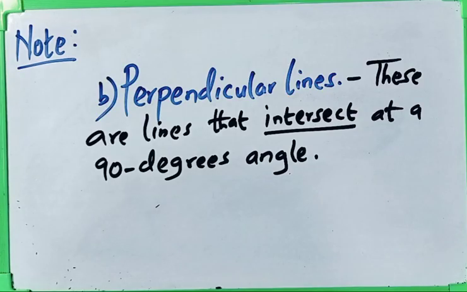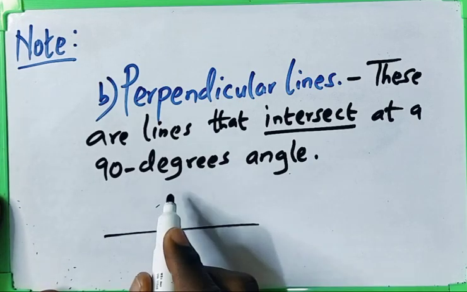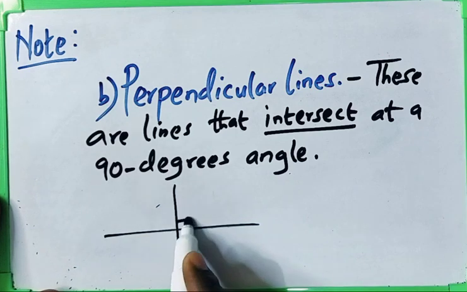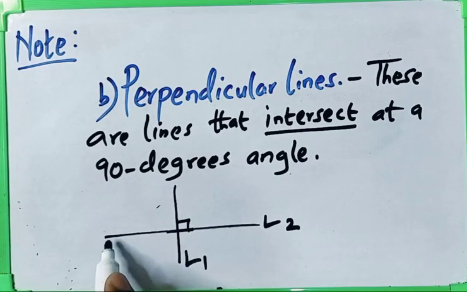For example, if one line runs this way, the other one runs that way, they are meeting at 90 degrees. That means these two lines are perpendicular. We can call this line 1, and this line 2. These two lines are perpendicular to each other.